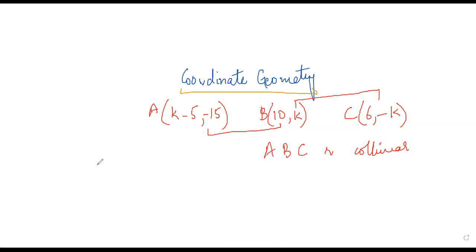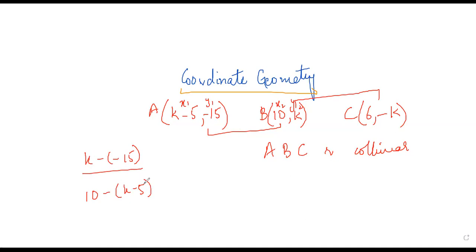In order to find the gradient of AB, this is your x1, this is your y1, this is your x2, this is your y2. Is that so? Yeah. So k minus 15 over 10 minus k minus 5. Did you put it the same way? Yeah, I did the same thing.